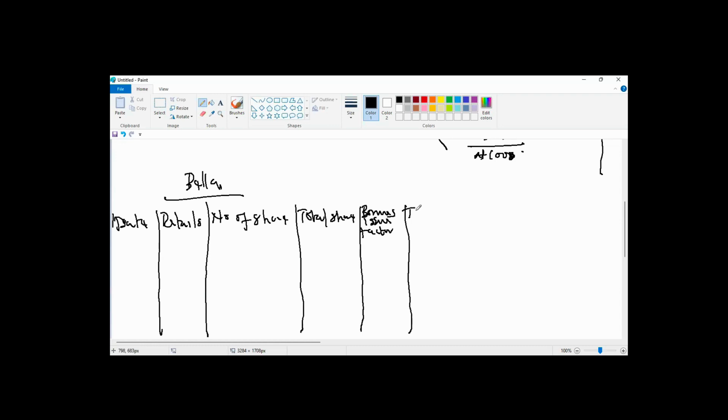Then we have the time factor, how the shares come in, then weighted average shares.